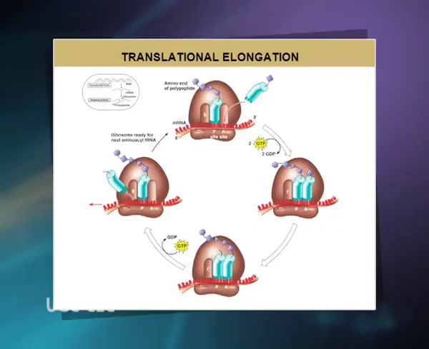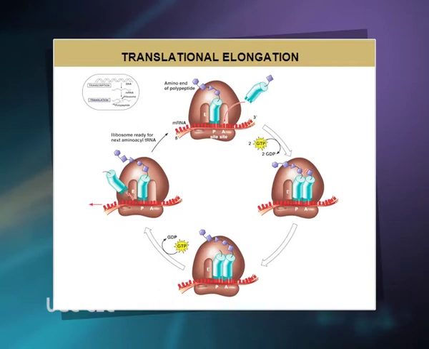A peptide bond is formed between the first and second amino acid in the P site and A site respectively. The formation of the peptide bond is catalyzed by the enzyme peptidyl transferase present in the ribosome. The energy required for this process is provided by the hydrolysis of GTP.